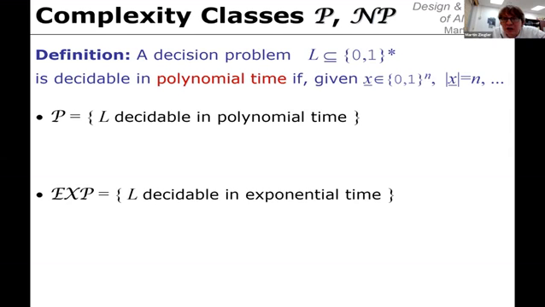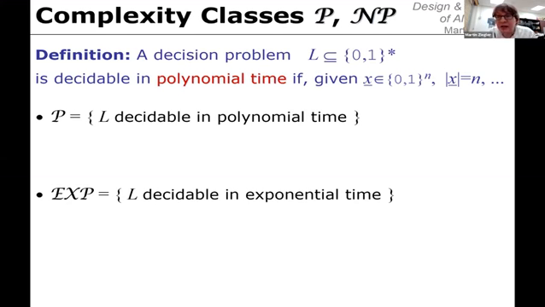The exponent could, for instance, be n, 2 to the n, but also 2 to the square root of n, like for the naive sieve algorithm for primality testing, that's 2 to the square root of n, or 2 to the n squared. That's also considered exponential time in our setting, right? Only 2 to the 2 to the n, that's not exponential time, that's doubly exponential time.